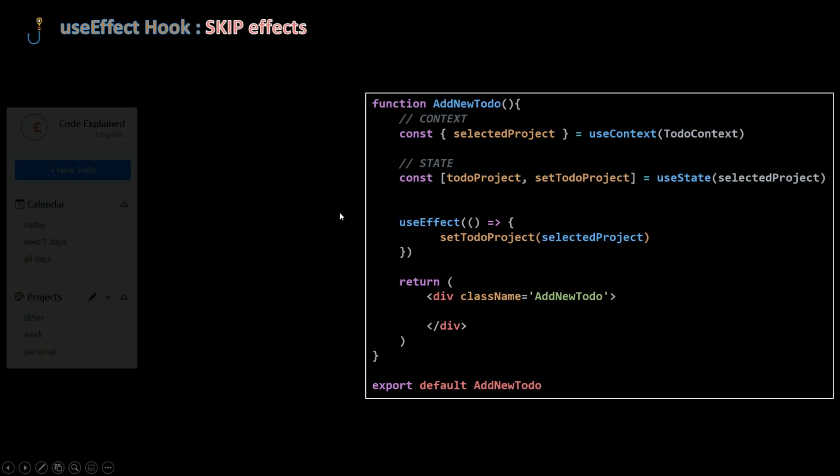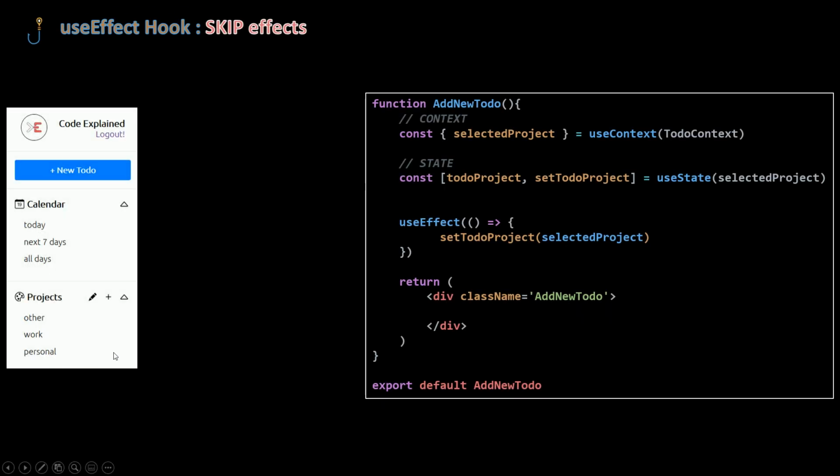So what's happening? When I click on personal, for example, my selected project is going to be changed. This will cause a re-render. When this re-render finishes, my useEffect will call my function here. Then setToDo project is going to be set to the selected project, which is personal. Now, because this state has changed, this will cause a re-render. Now, selected project is personal and to-do project is personal.